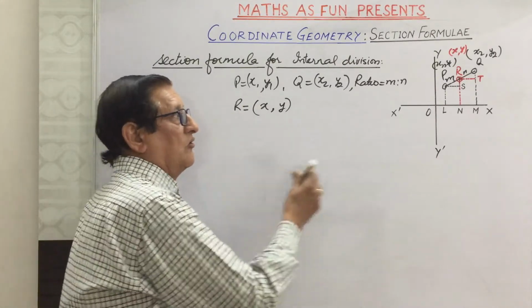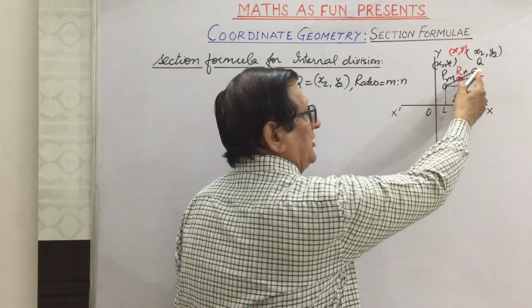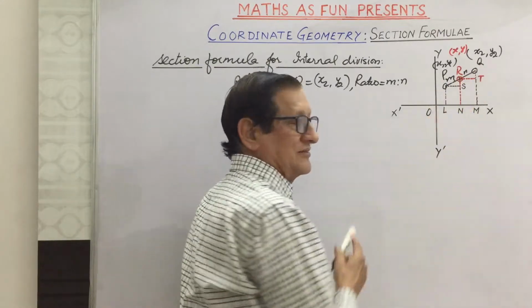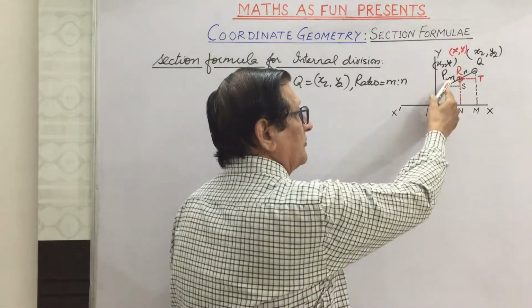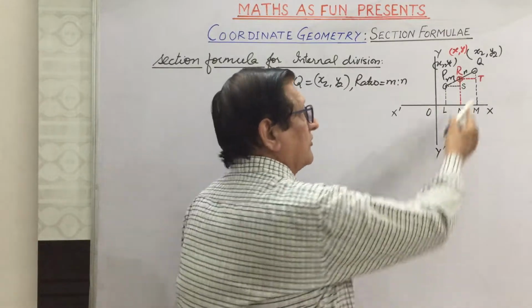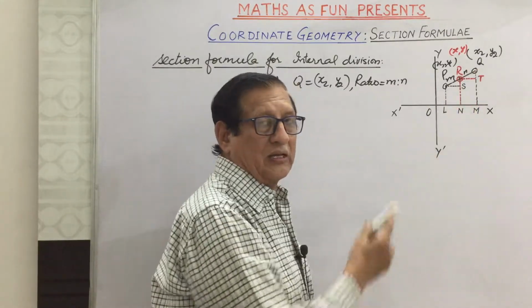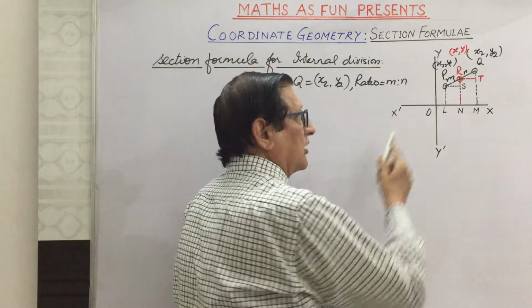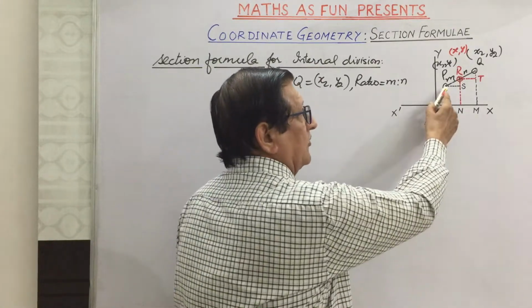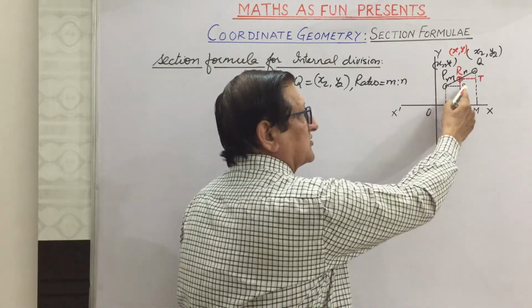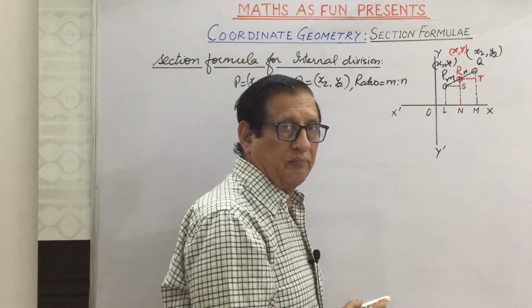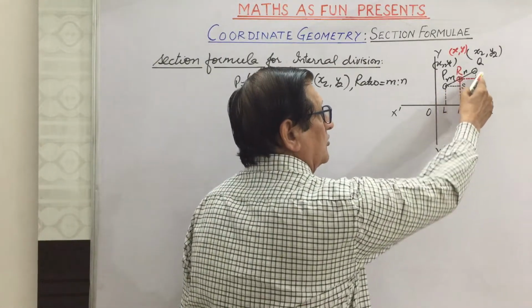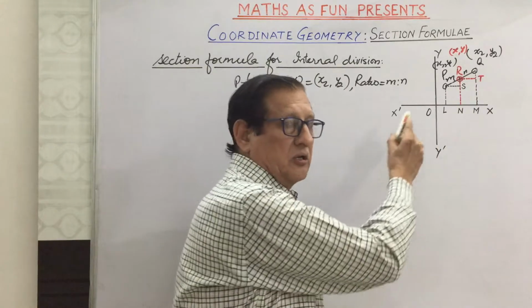How to do that? We draw perpendiculars from P, Q and R onto the x-axis. The perpendicular from P is PL, that from Q is QM, and the perpendicular from R is RN. A perpendicular from P to RN, that is PS, is drawn, and a perpendicular from R to QM, that is RT, is drawn.